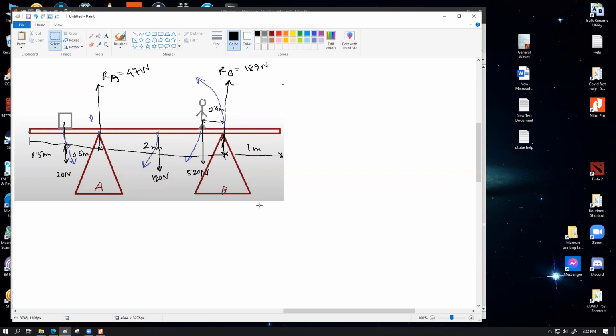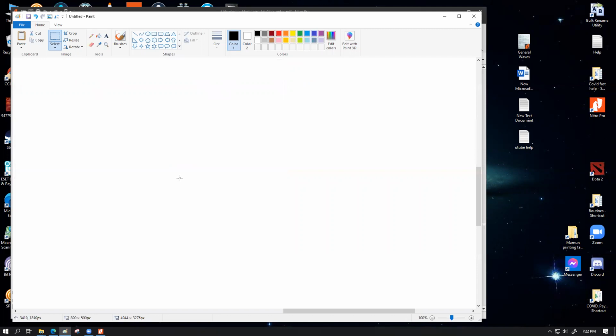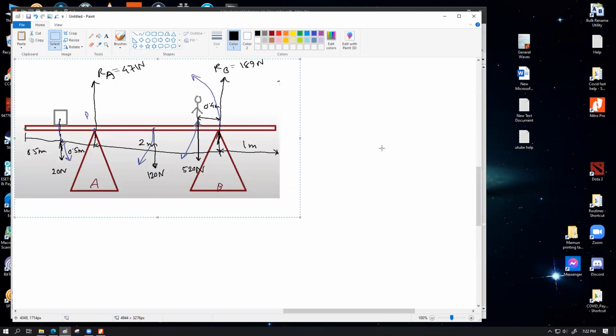So let me keep the original figure because I might need that. Now if I try to move this person to the right side, where is the eraser? Yeah. So let's get rid of these moments and everything, and the person as well. 520 Newton gone.